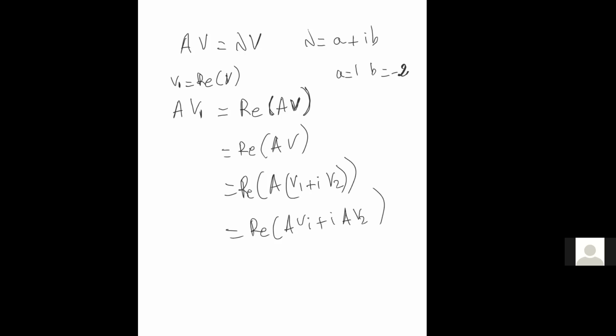But V1 and V2 are real. V1 is the real part of V, and V2 is the imaginary part of V. So this is A V1.